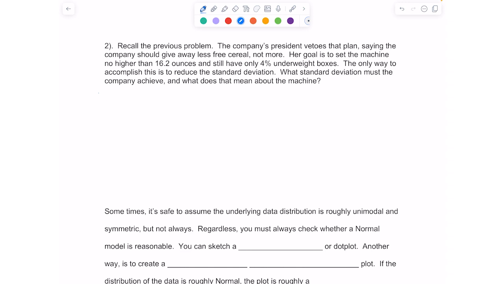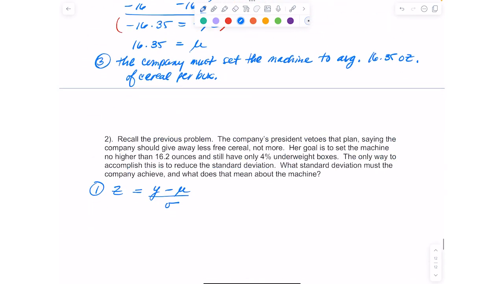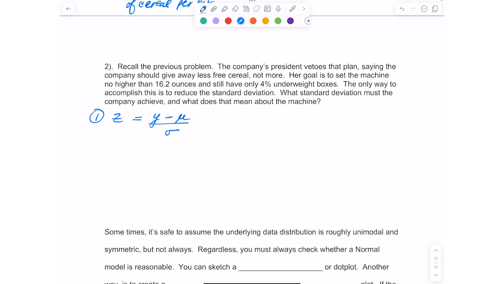Okay. So using the same information I had before, I want to figure out where my value of 16 stands. So I've got my formula, which is z equals y minus mu over sigma. And by the way, sometimes instead of using y, I might use x. It's just a variable.